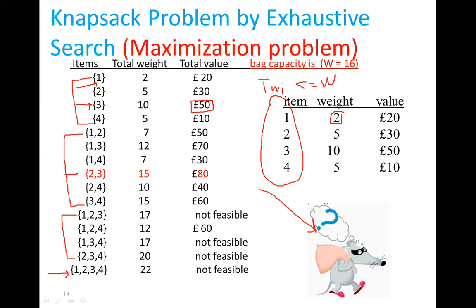If we put item number 2 and item number 3 in his bag, the total weight will be 5 plus 10, which is 15, and the total value 30 plus 50, which is 80.